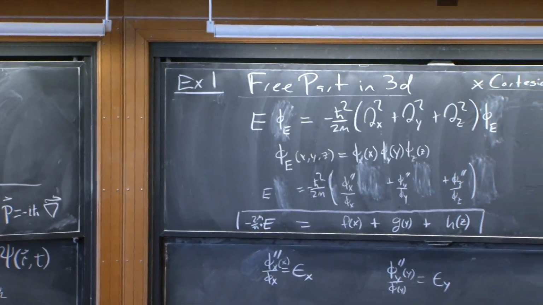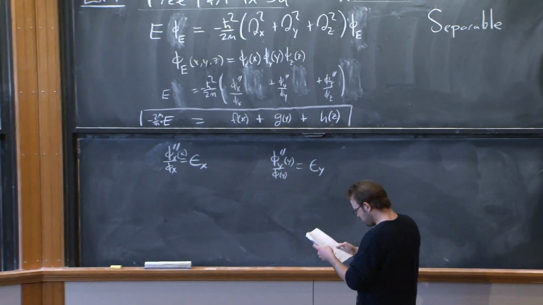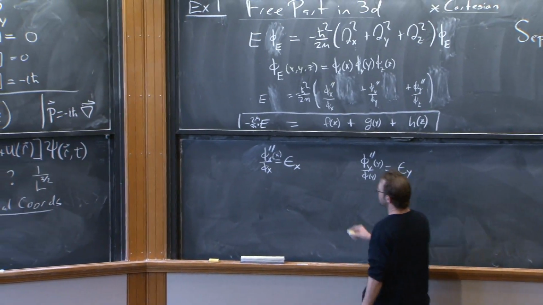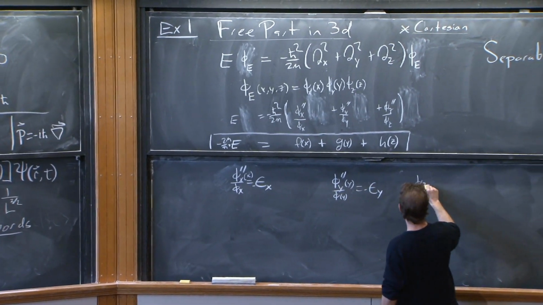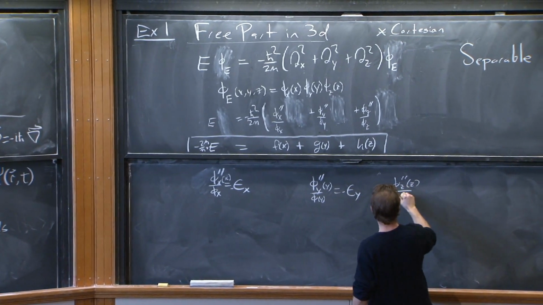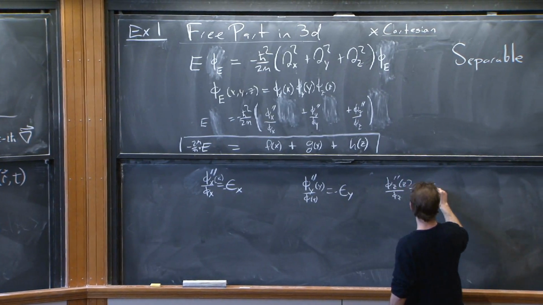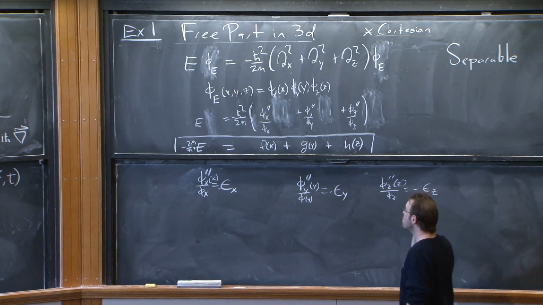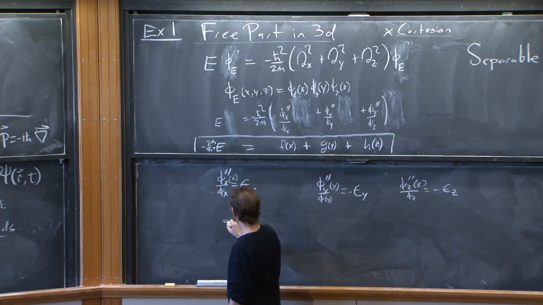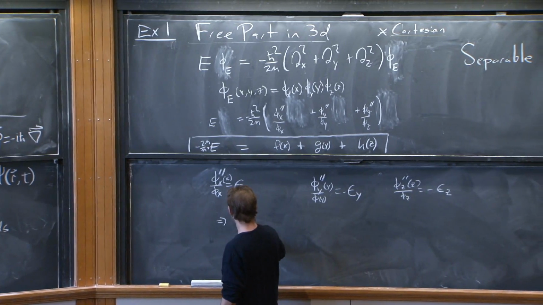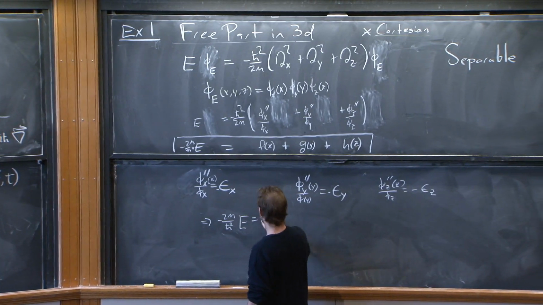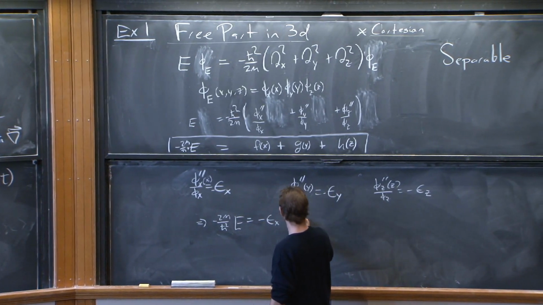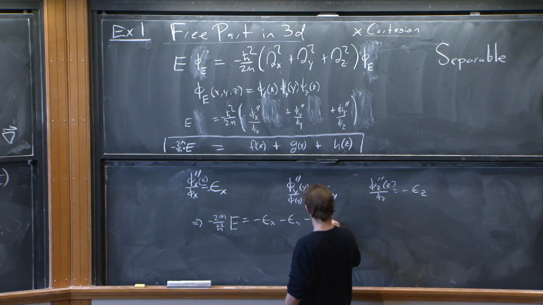And actually, for fun, I'm going to put in a minus. It doesn't matter what I call this coefficient. And similarly for phi z prime prime of z over phi z is equal to minus epsilon z. So this tells us that minus 2m upon h bar squared, E, is equal to minus epsilon x minus epsilon y minus epsilon z. Okay.